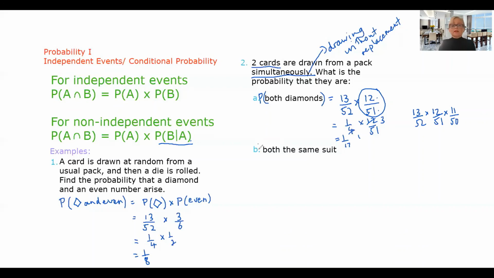Now, the probability that they're both the same suit, well, we could split that up into saying, well, they're both diamonds plus probability both hearts plus probability both clubs, sorry about my drawing, plus probability both spades.